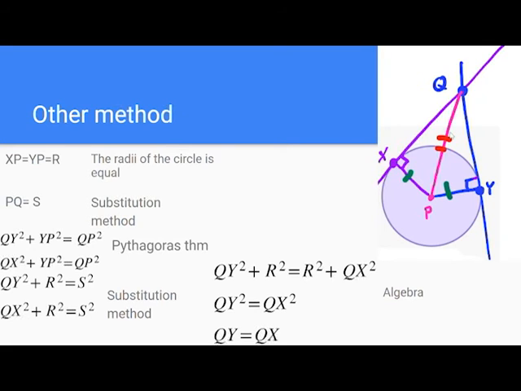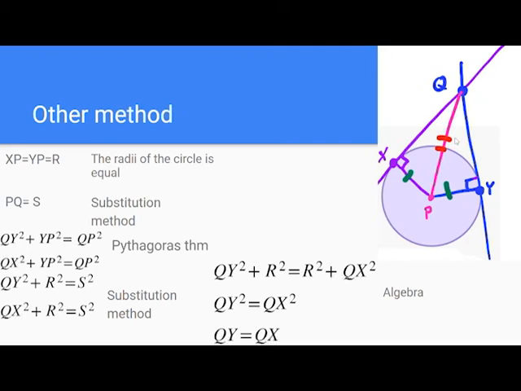Let me back up again, because I'm missing something. QY squared plus YP squared equals QP squared. That's for this triangle that I'm highlighting.